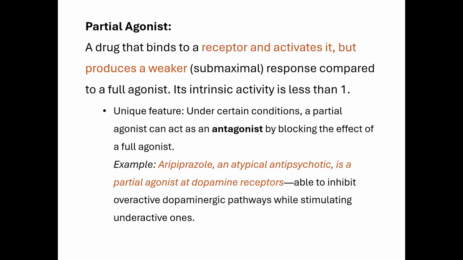We wanted also to talk about the partial agonist, and we said a partial agonist is a drug that binds to a receptor and activates it, but produces a weak or suboptimal response compared to a full agonist. So it doesn't give us a maximum response like a full agonist. It produces a suboptimal response, but the response is there.